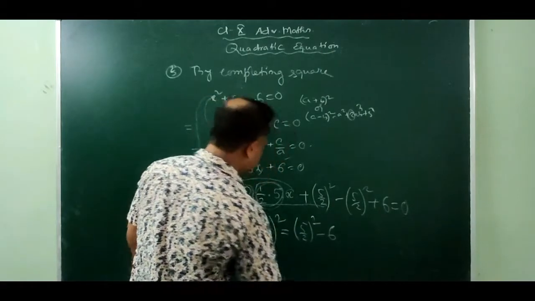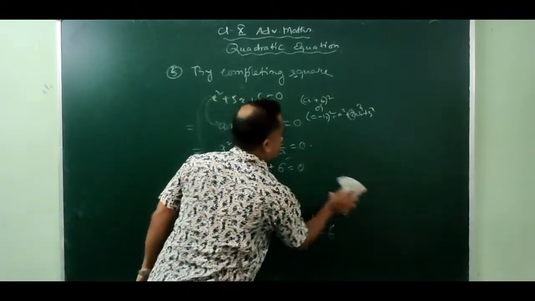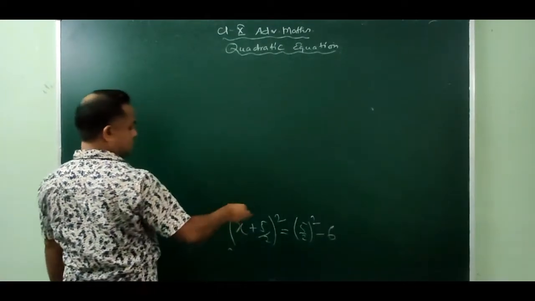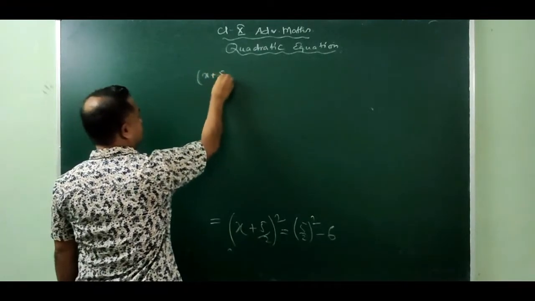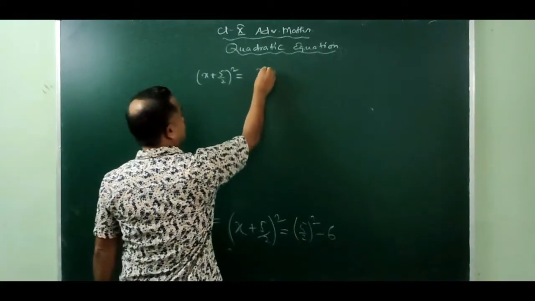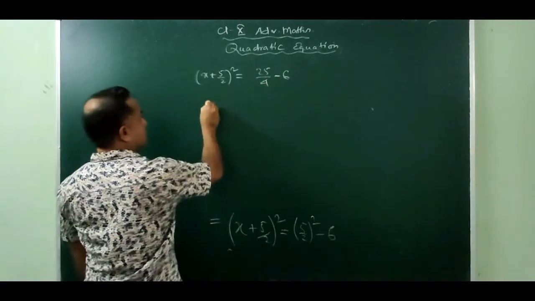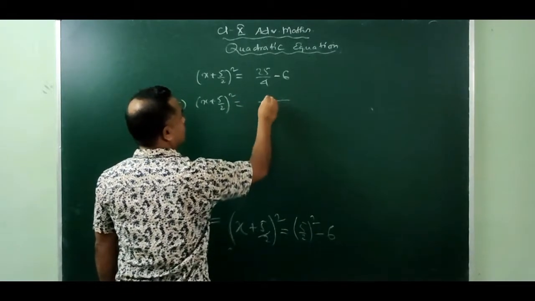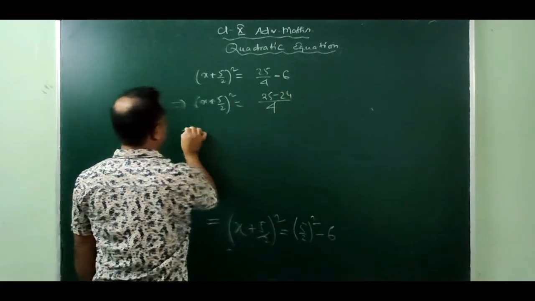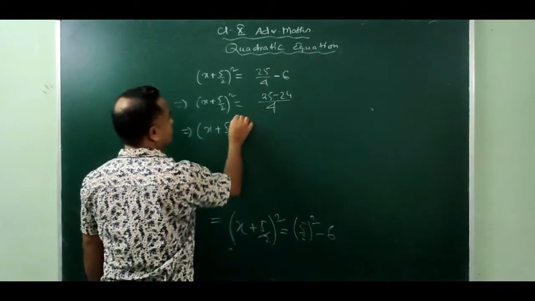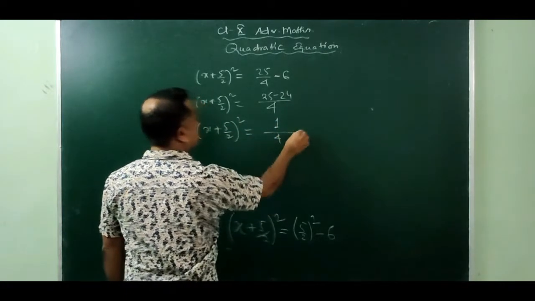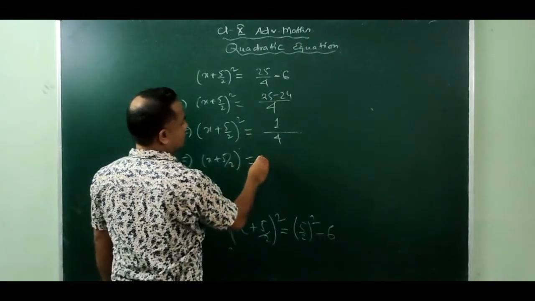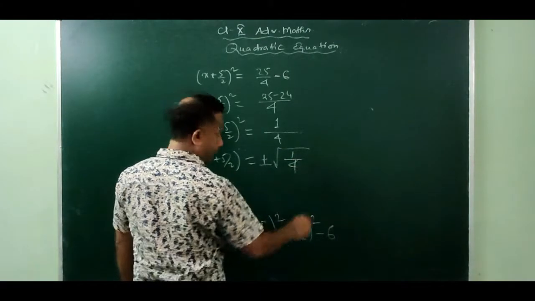There is no space, so I will write in the upper portion and continue from here, that is x plus 5 by 2 whole square, and we take the square root: plus minus root over 1 by 4.